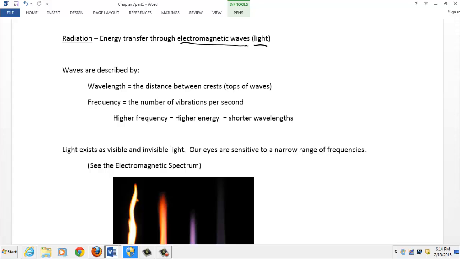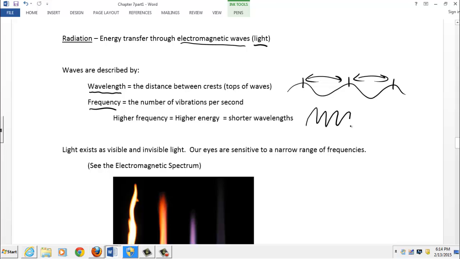Let's talk a little bit more about light, also known as electromagnetic waves. Just like waves at the ocean or on a lake or in your bathtub, waves are described by wavelength, meaning you have this wave and how far apart are the tops, the crests of the peaks? You can measure that distance, and that's your wavelength. You can also describe waves by how fast they vibrate. That's a fast vibration, a fast frequency, and this is a slower frequency.